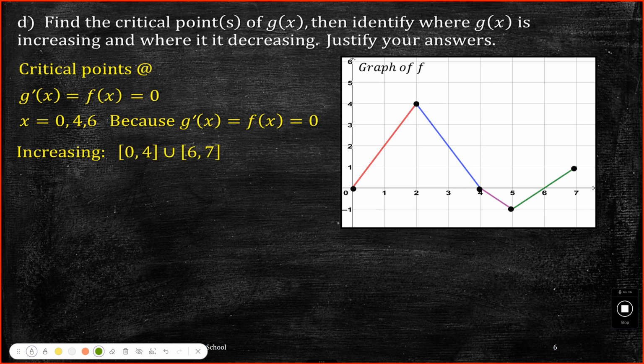And then what else? 6 to 7. I'm trying to get away from the union. It's better to just write it with a comma, from 0, including 0, to 4. They would accept 0 to 4 open, but when you're talking about increasing or decreasing, just use the brackets and then a comma.